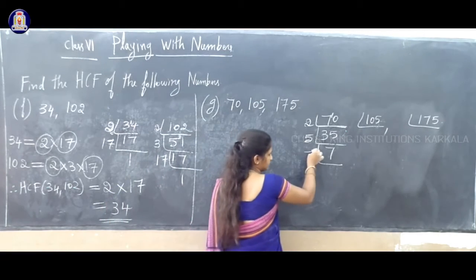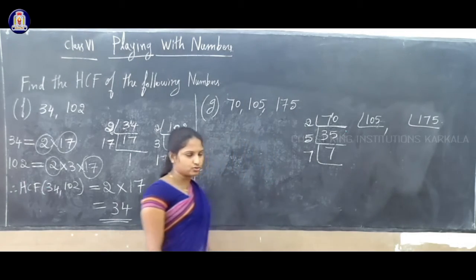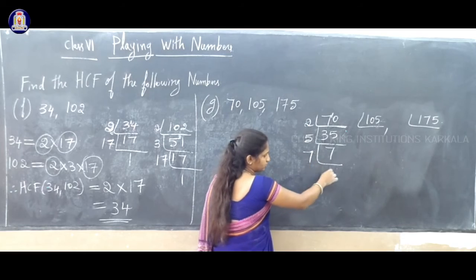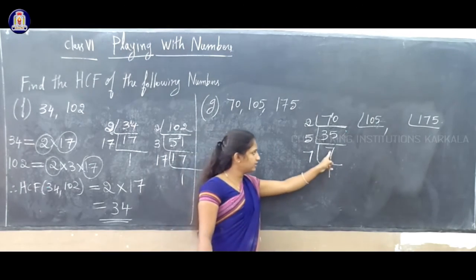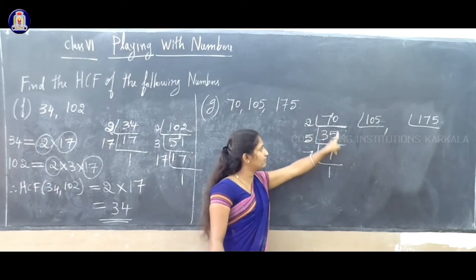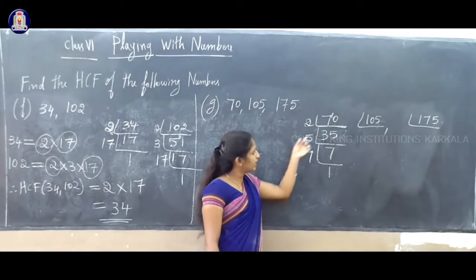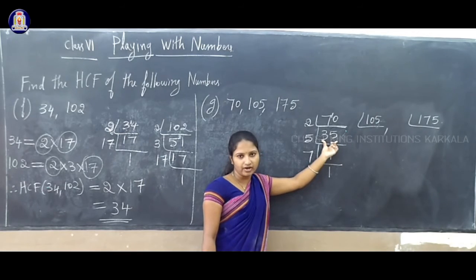So which table divides 7? Only 7 divides because that is a prime number, right? 7 is prime number. So now divide like this. 7 ones are 7. See, 2 how much is 70? 2 35s are 70. And next here 35 is there. So which table divides? That is 5 and 7.